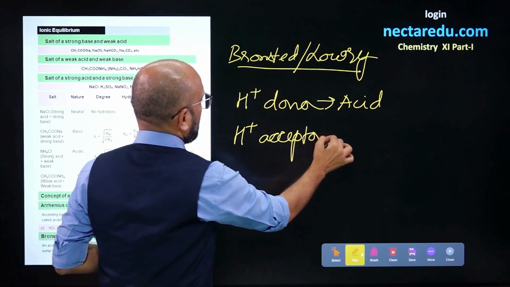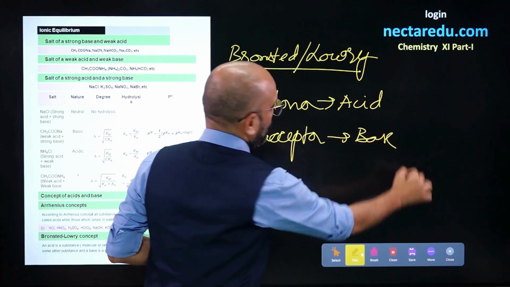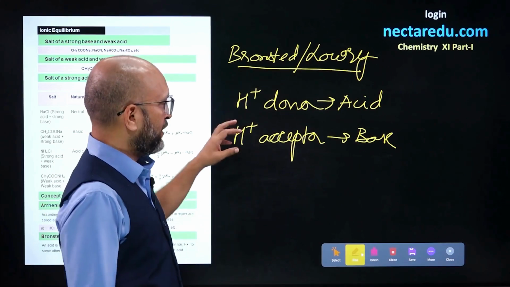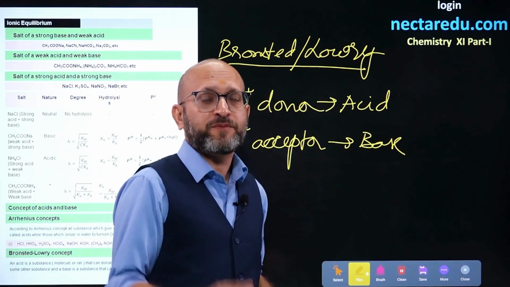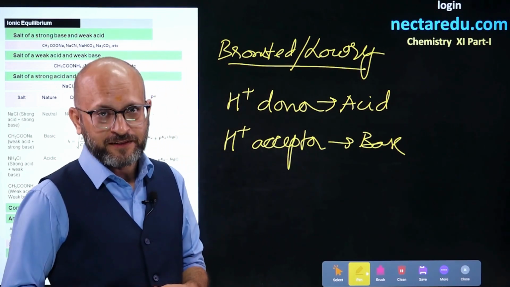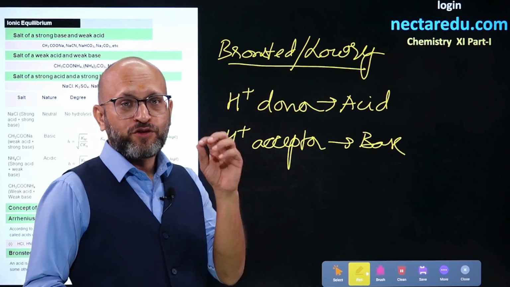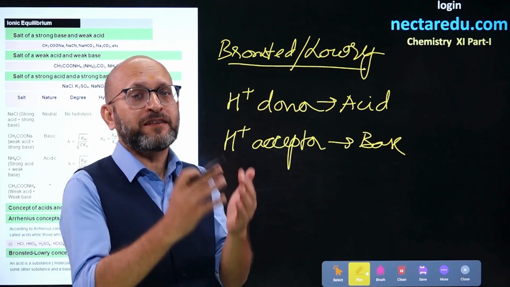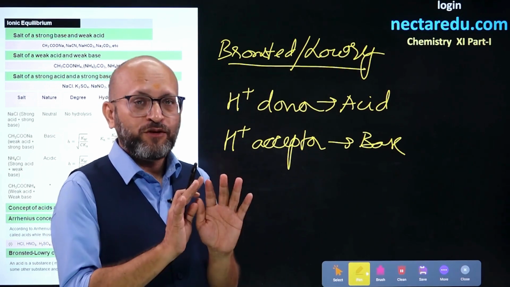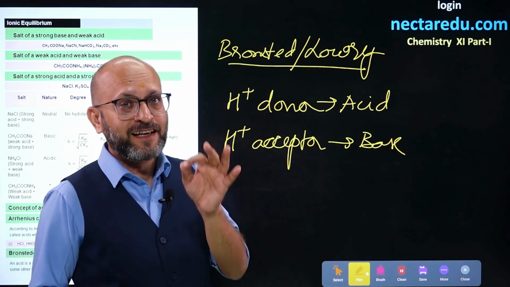So what do you understand from there? It doesn't talk about OH minus because there are certain bases which do not give OH minus, but overall the solution is basic. So it deals with those bases such as ammonia, amines, because they are basic but they do not have OH minus, so they do not produce OH minus, but still they are bases.